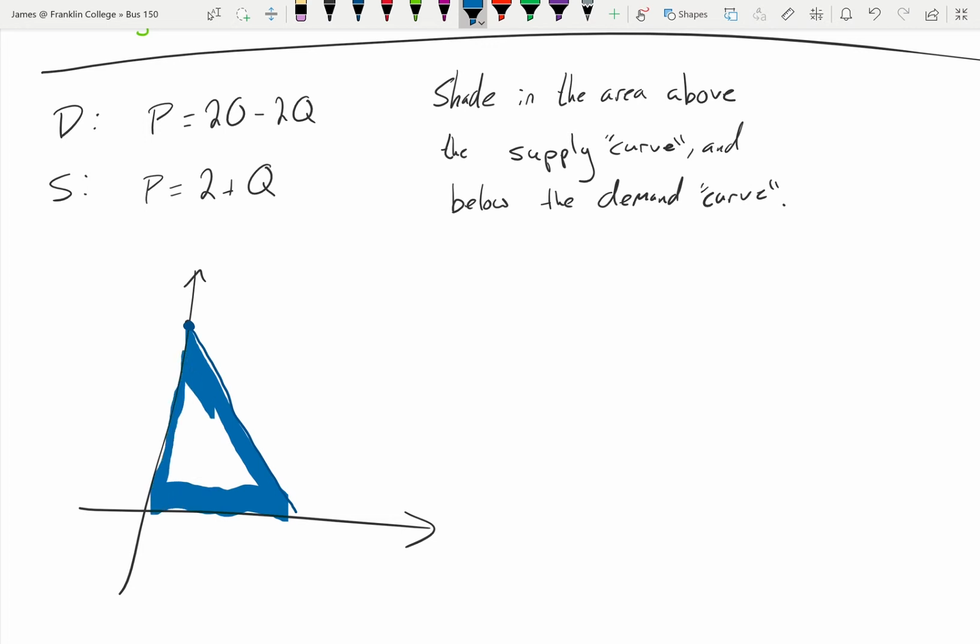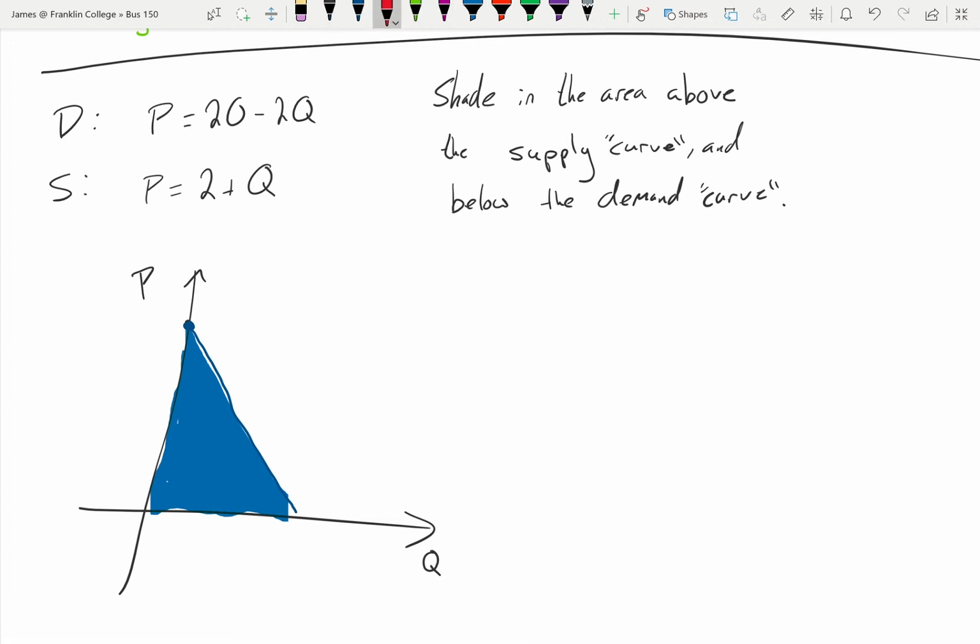Now notice we're only interested in the solution areas that are in the first quadrant of our PQ axis, because you can never sell negative quantities, and we never are selling things for a negative price, so we're only interested in positive Q and positive P values.